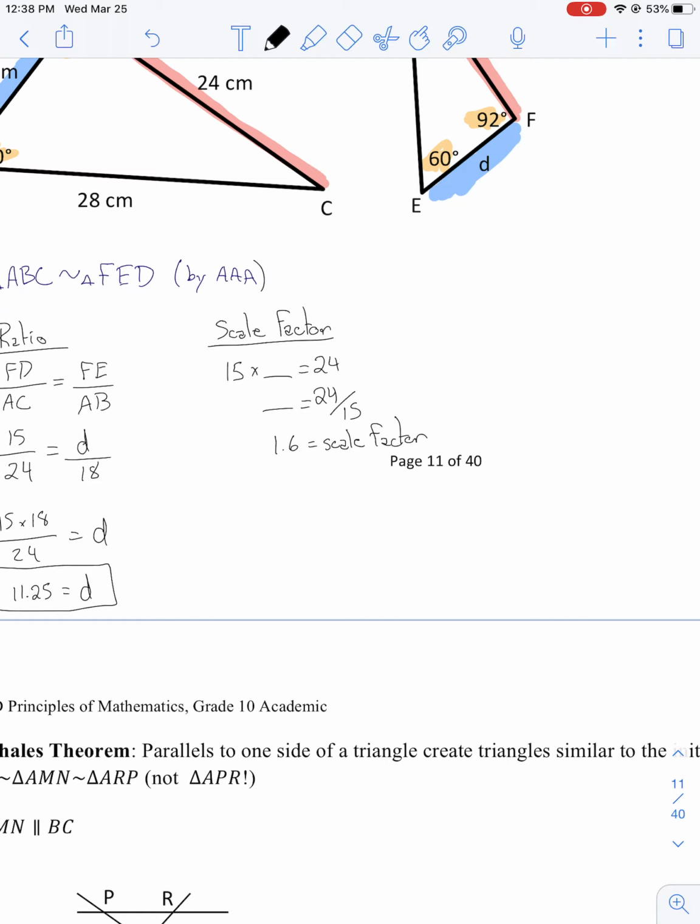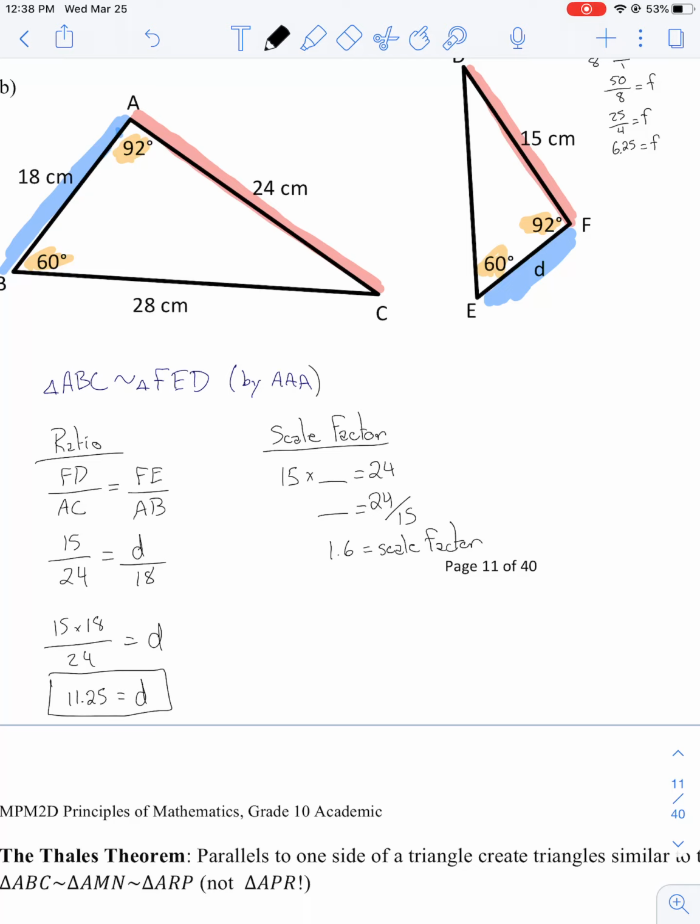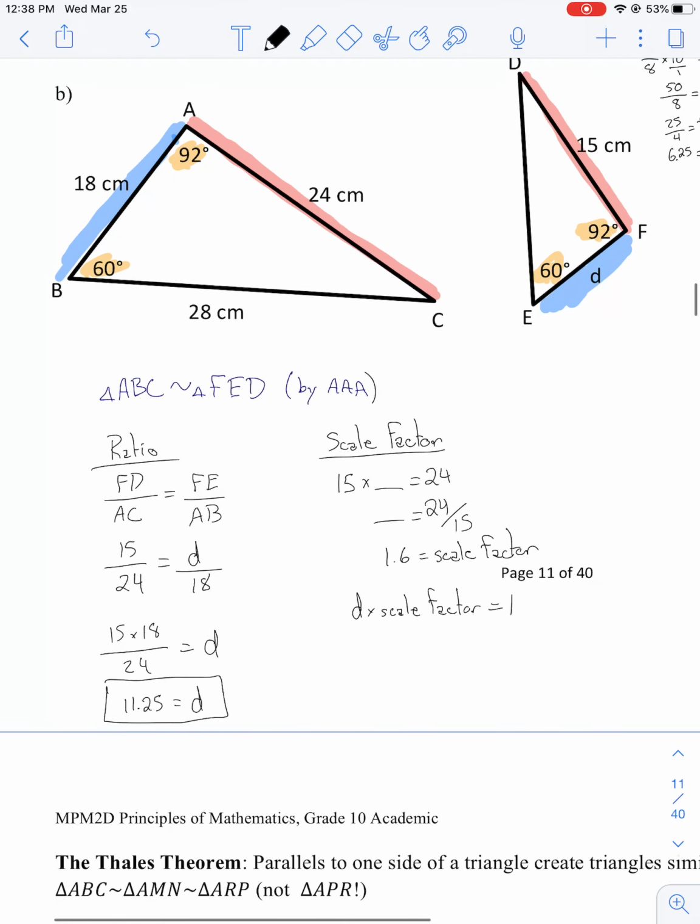So to get from the smaller triangle to the bigger triangle, I'm going to have to multiply all side lengths by 1.6. So I know that D times my scale factor needs to be equal to my larger side. What's my larger side? 18.